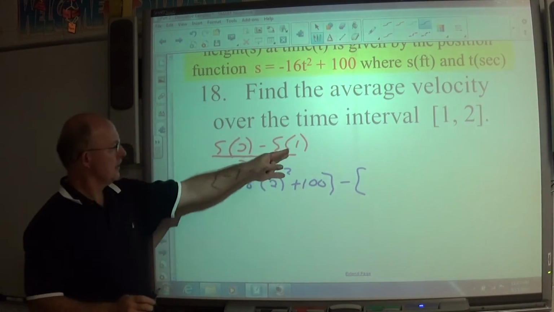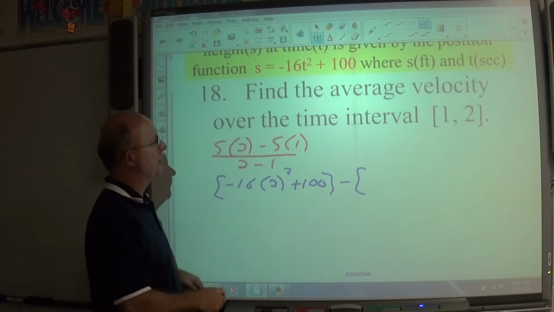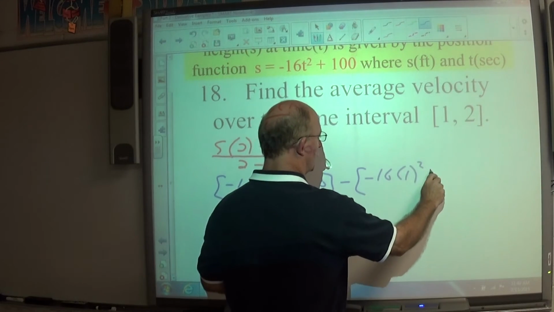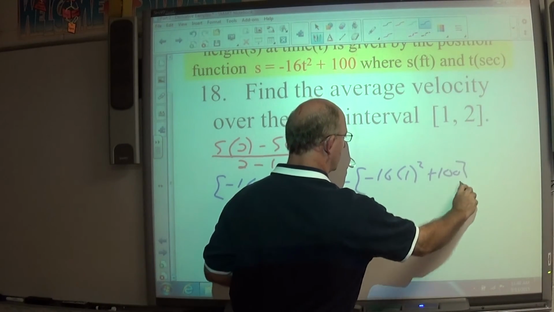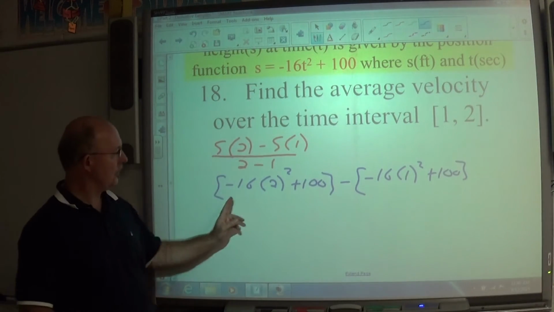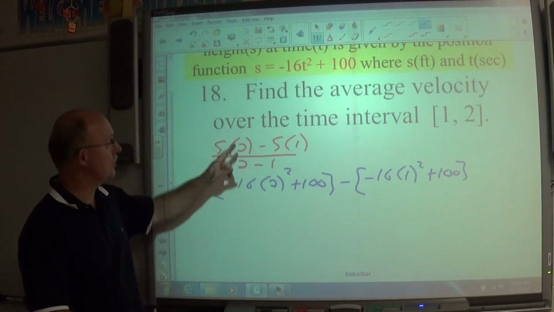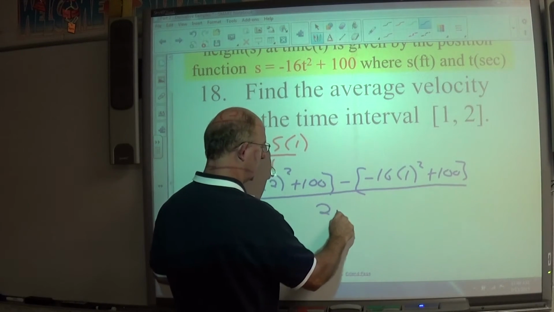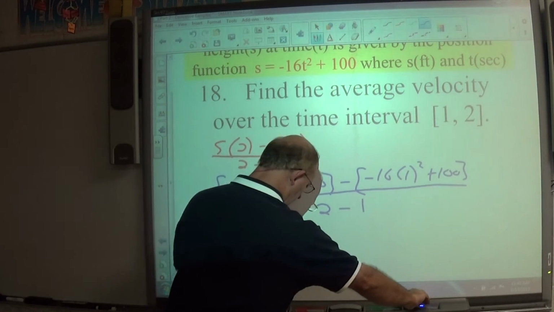Minus the position at 1, where we substitute 1 in for t, so it'll be negative 16 times 1 squared plus 100. So the position at 2 minus the position at 1, and you use your position function to calculate those, all divided by 2 minus 1.